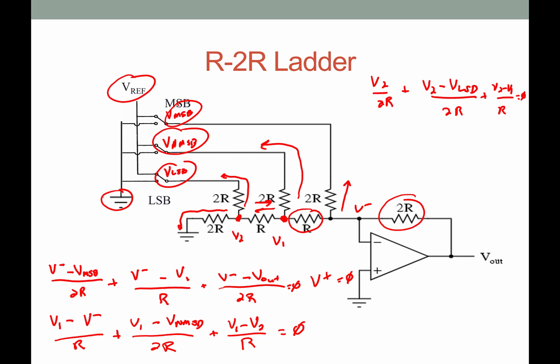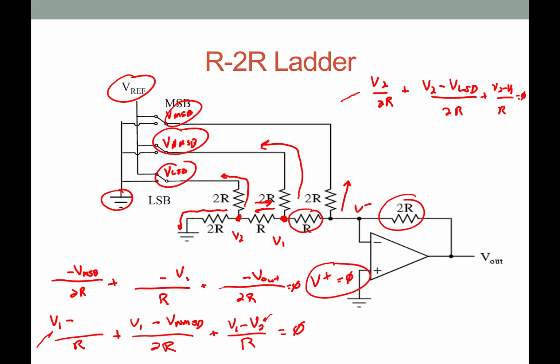I can get rid of my V minuses because V plus is equal to 0, so I can come back here and cancel all of those out. And then the pathway will be, I need to solve for, probably the easiest way to see it is solve for V2 in terms of V1 and VLSB, and then plug that in here, and then solve right there.